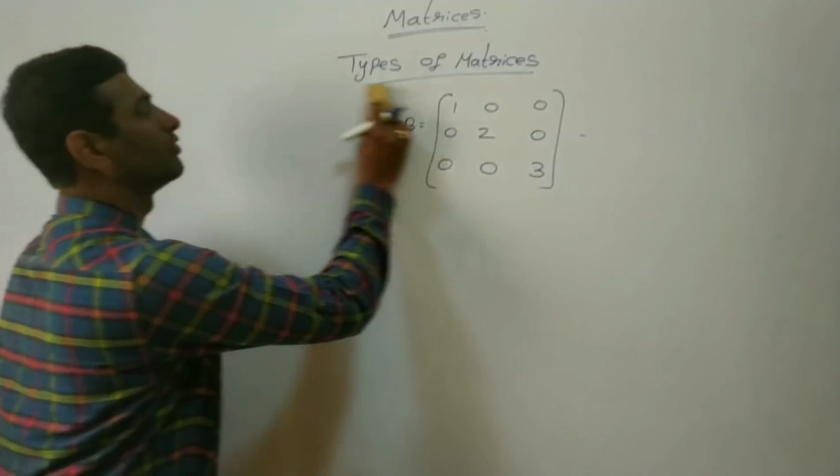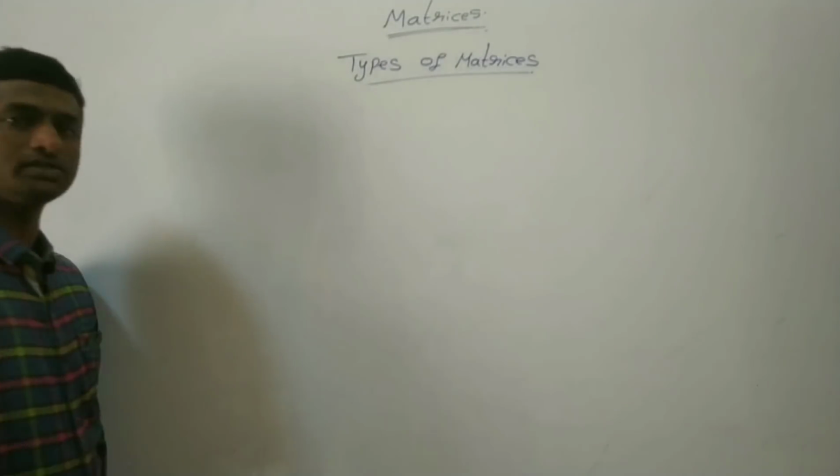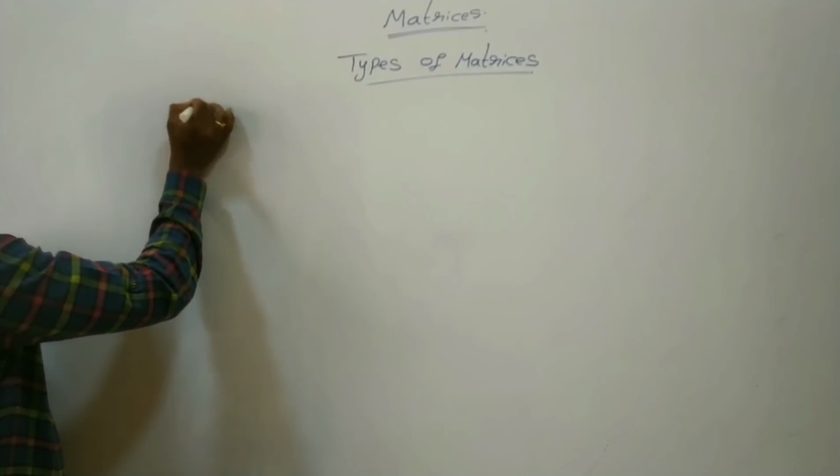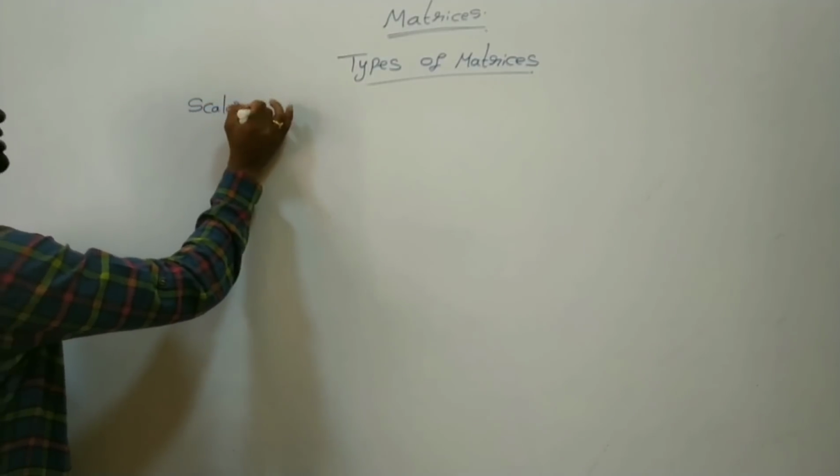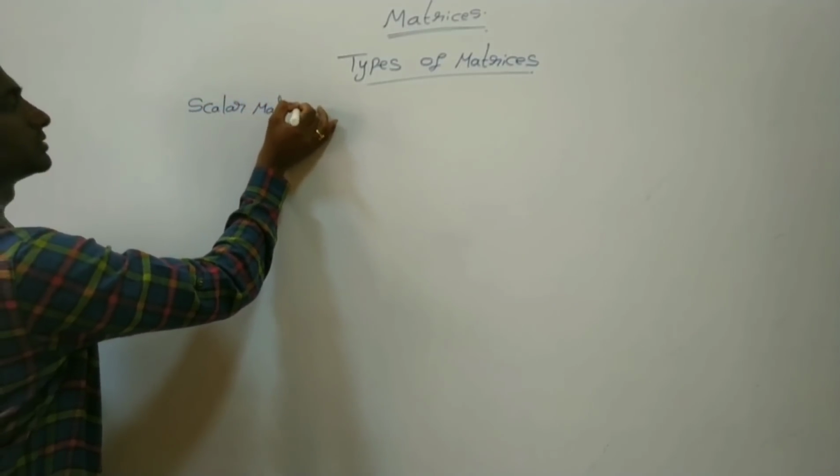Now we will see one more type of matrix, that is the scalar matrix.